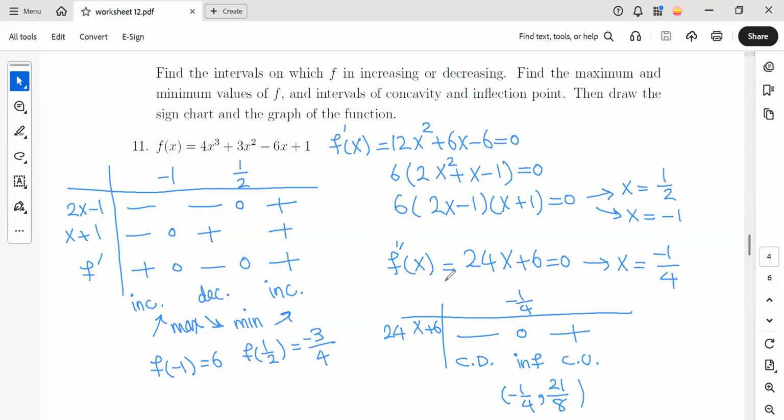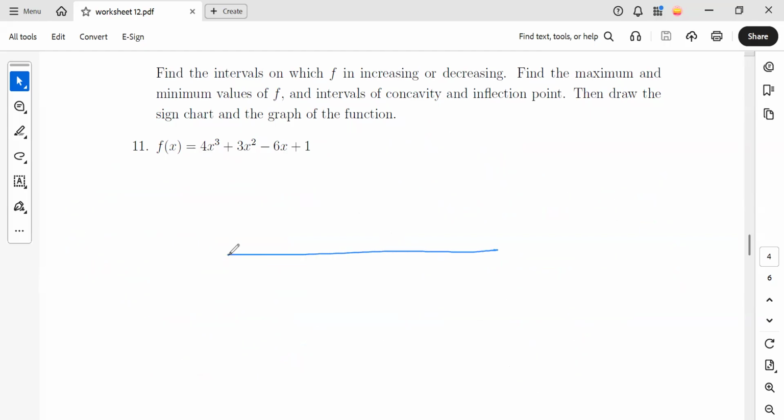Now we are going to use all these signs and the sign chart to graph it. Let me erase the board. Okay, so first of all, we would draw the points. The points were negative 1 and 6, here, and 1 over 2, if this is 1, 1 over 2 is somewhere here, and negative 3 over 4 maybe here.